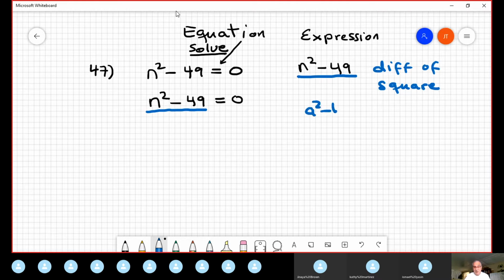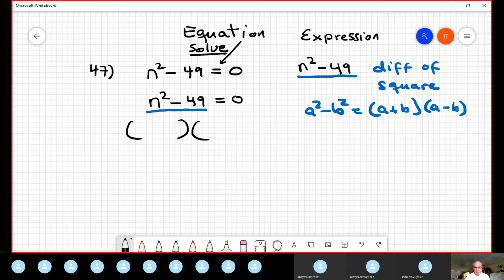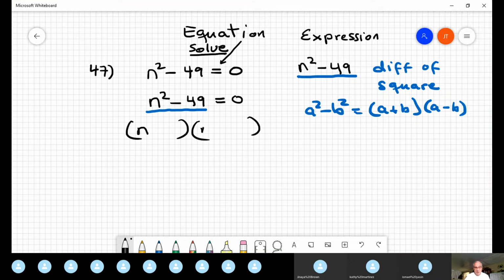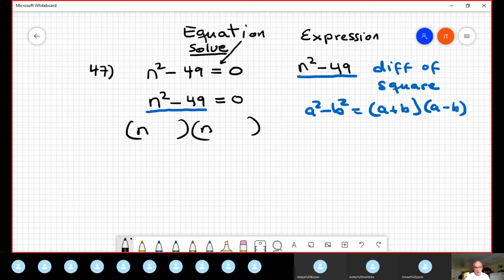A squared minus b squared is equal to a plus b, a minus b. In our specific example, it's no a, no b, it's m and 7, no? So you factorization m, because the square root m squared is just m, and the square root 49 is 7, plus or minus. Factorization, the left-hand side, and the right-hand side stays 0.